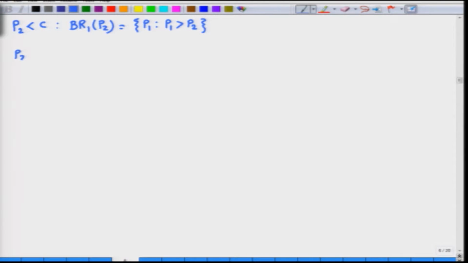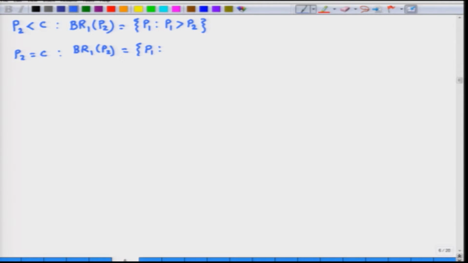When P2 is exactly equal to C, what is the best response for firm 1? Well, the best response for firm 1 is the set of price P1. Now, if I set a price P1 which is also equal to C, then we both split the market and my profit is going to be 0.